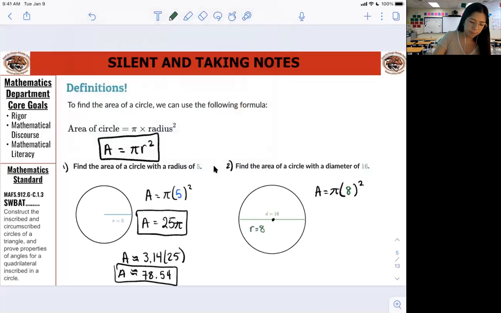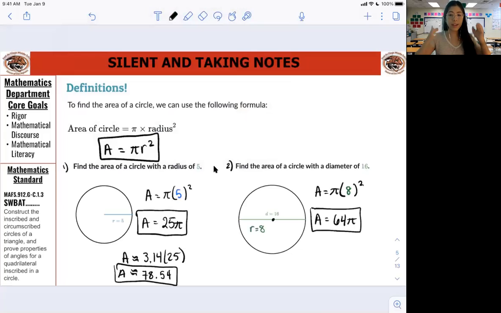So what would be my area? 8 squared would be 64. We're going to just leave it 64 pi. So any questions on calculating the area of a circle?